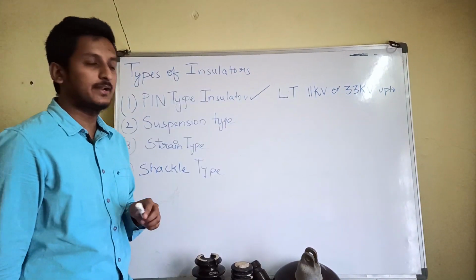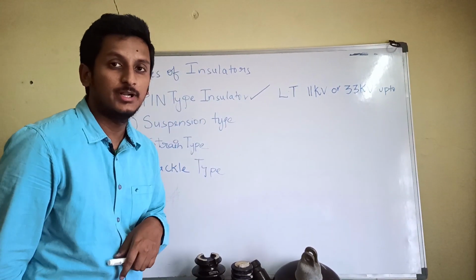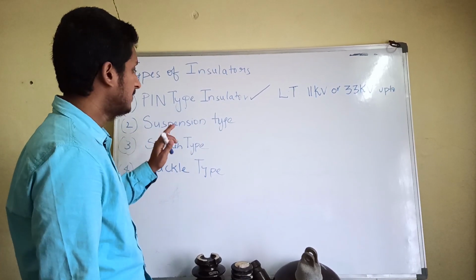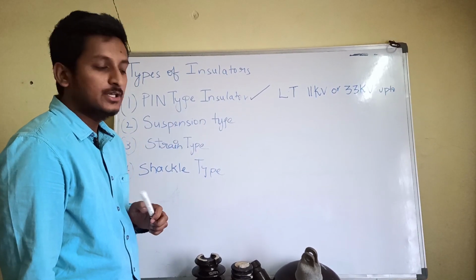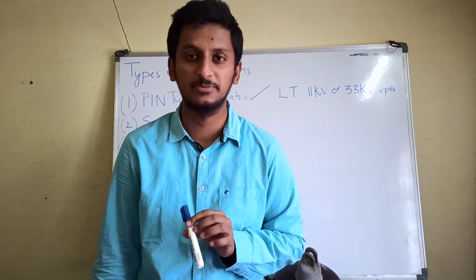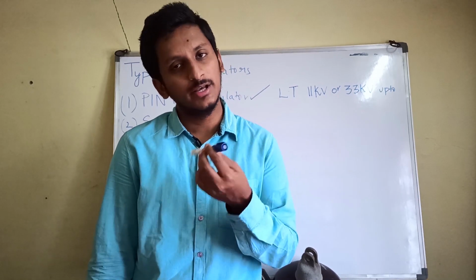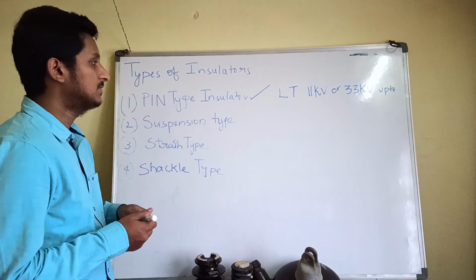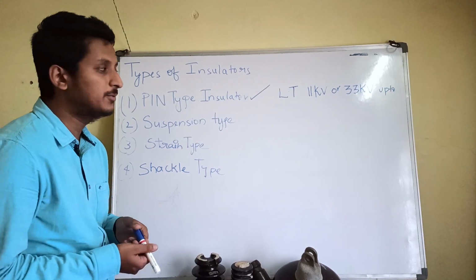This type of insulator is the suspension type of insulator. The name itself denotes how the suspension type of insulator is going to be. Whenever you see your vehicles, it is definite that you will have suspension in it, isn't it? Similarly, in the case of insulators also, the structure is going to be like that.